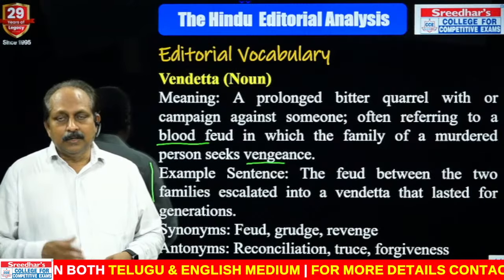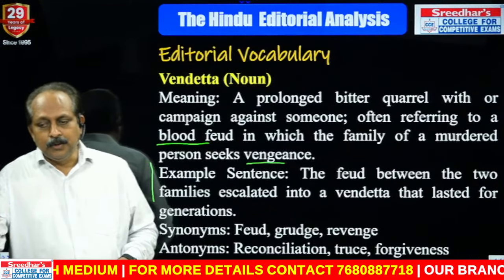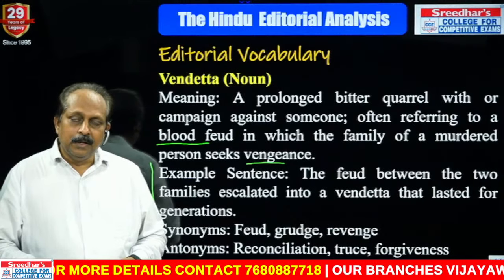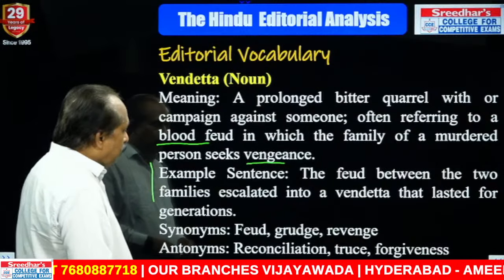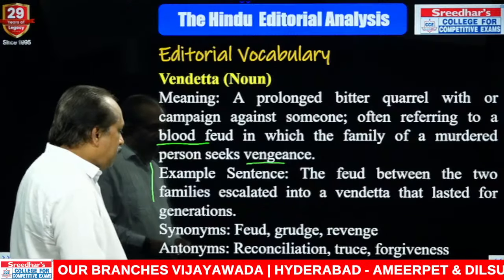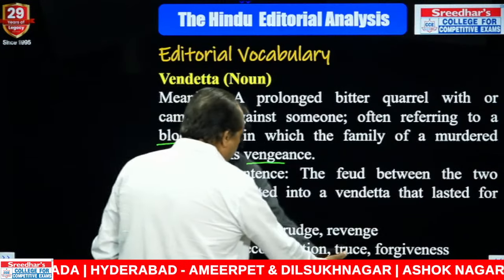Imagine. So the party that is in power, the incumbent government, tries to take revenge against the other party. That is known as political vendetta. Feud, grudge, revenge, reconciliation, truce, forgiveness. All these words we have got many a time.